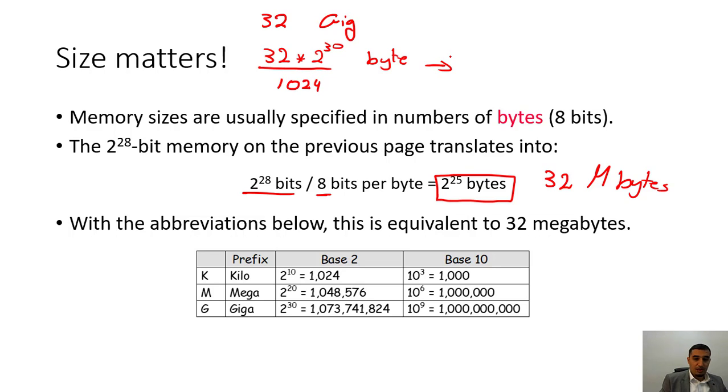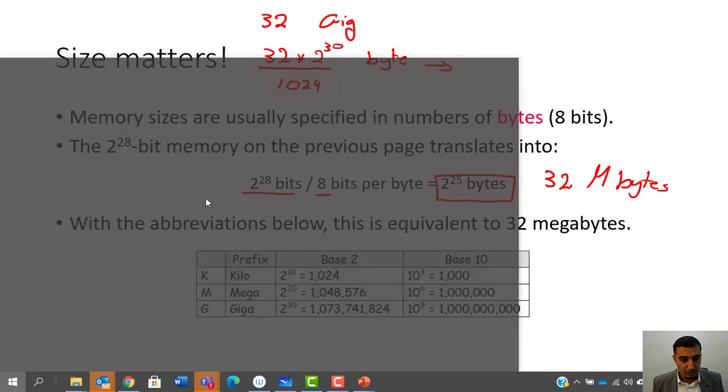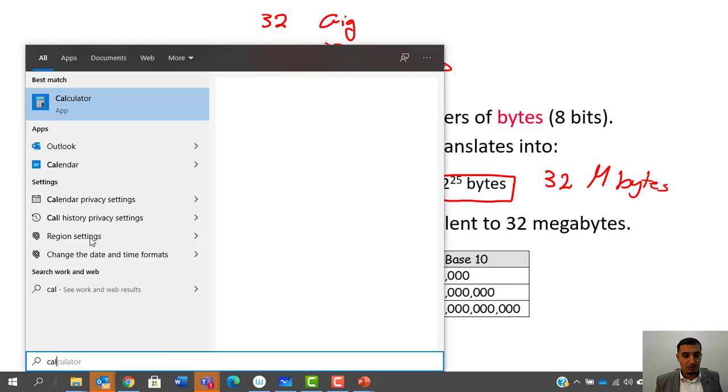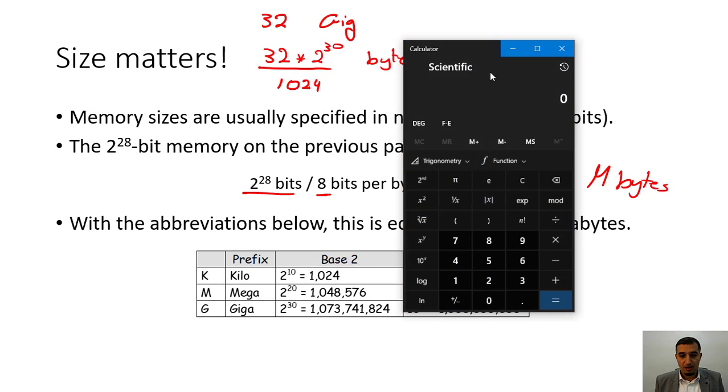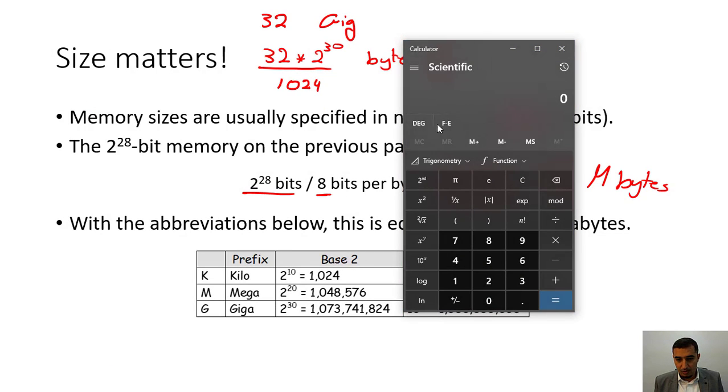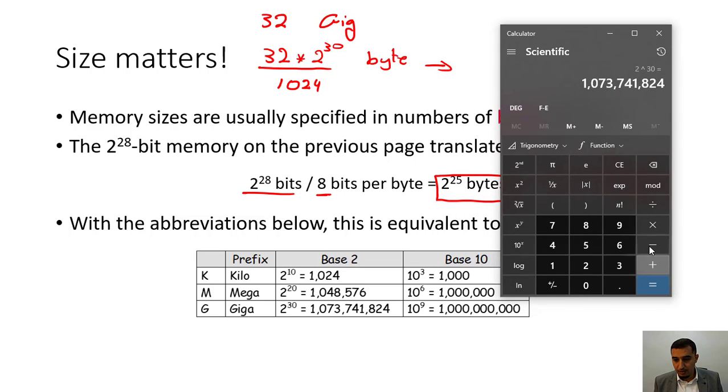Let's do it together on my calculator here. I want to show you this. So on my calculator, 2 to the power 30, this is gig, multiplied by 32. This is the total size of the memory.